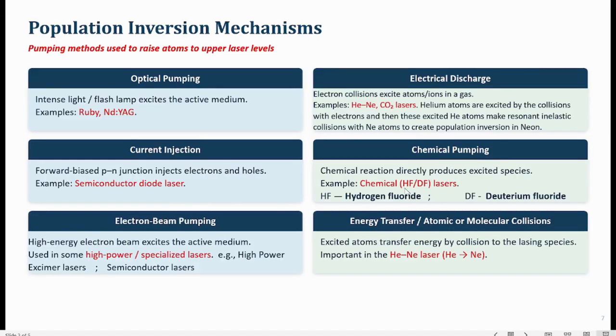In case of chemical lasers, for example, chemical hydrogen fluoride laser or chemical deuterium fluoride laser, chemical reactions directly produce excited species. And then in case of specialized high power lasers such as high power excimer lasers or high power semiconductor lasers, a high energy electron beam excites the atoms of the active medium, and then these atoms will give rise to the laser emission.